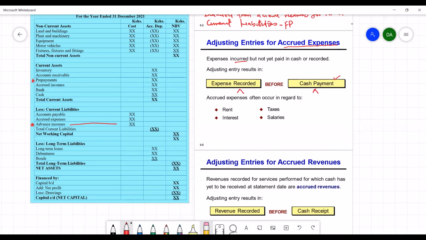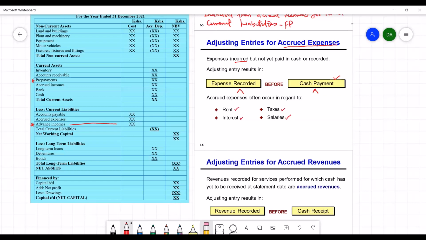Let us therefore look at the common situations where accrued expenses exist: a case of rent payable, interest payable, taxes payable, and salaries payable. Those may be examples.